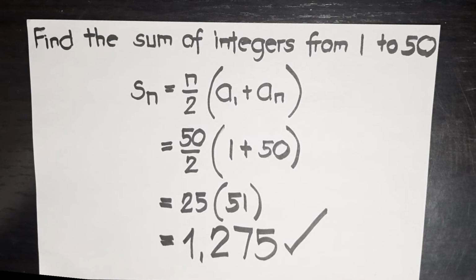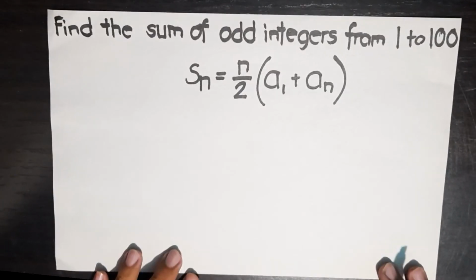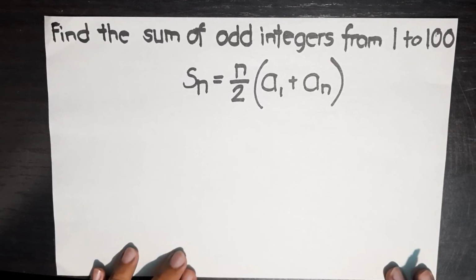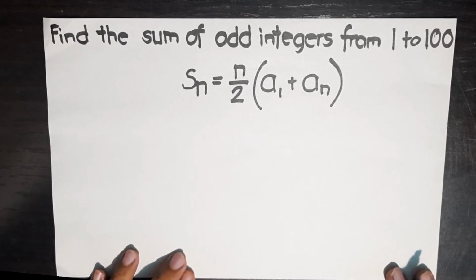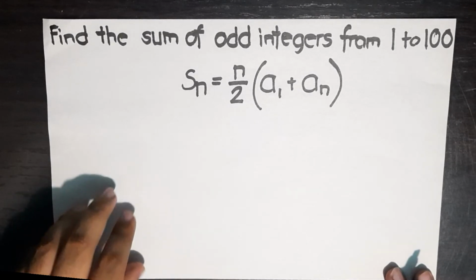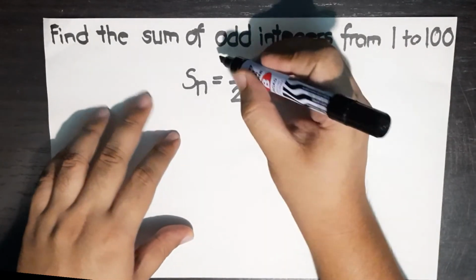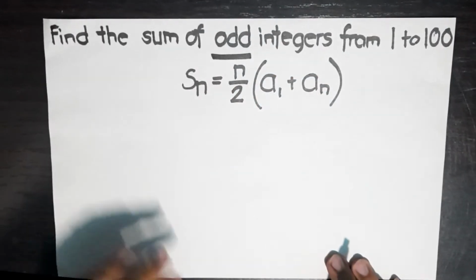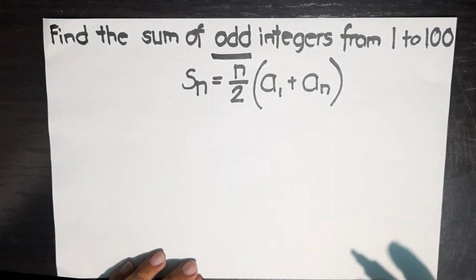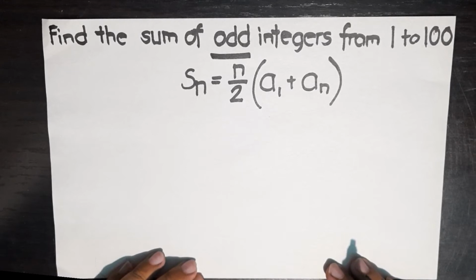Let's have another example. So example number 2. Find the sum of odd integers from 1 to 100. Again, this problem have a condition, and we are only looking at the odd integers. What are odd numbers again? These are 1, 3, 5, 7, 9, and so on.